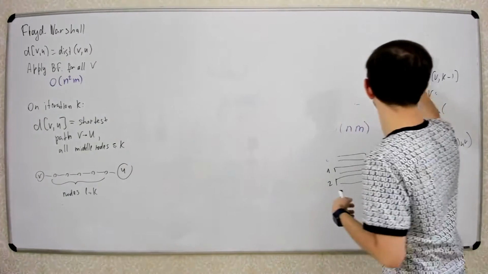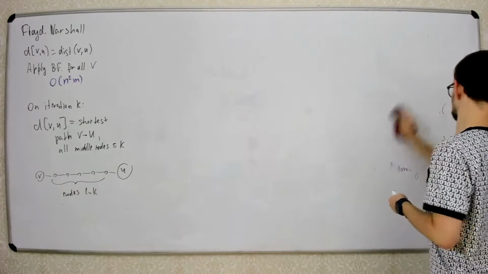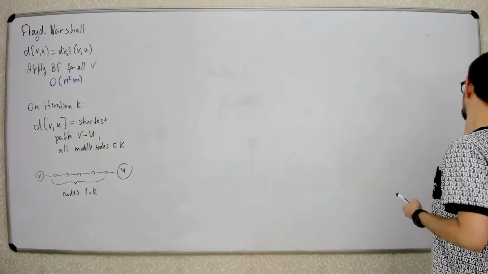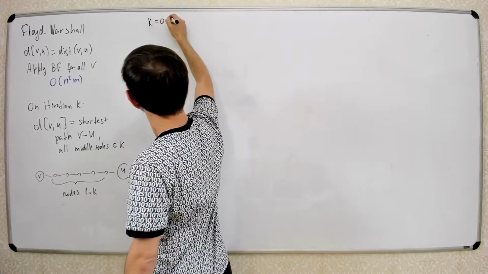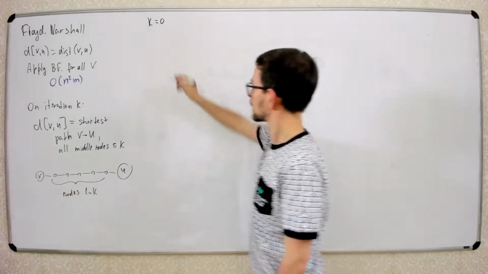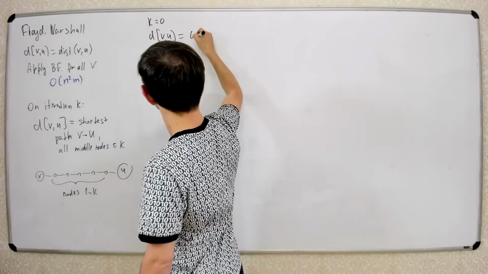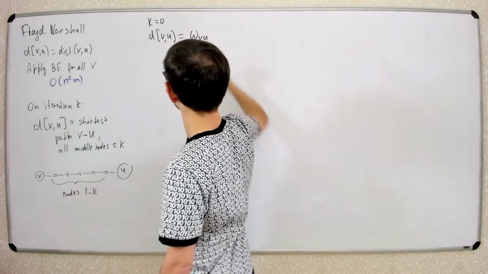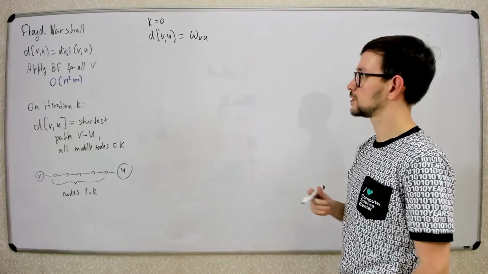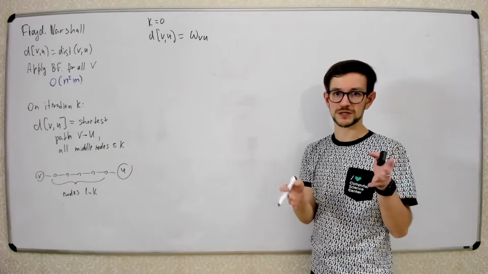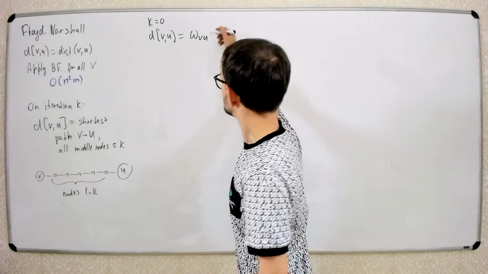So if k equals 0, then the distance from V to U will be just the weight of the edge from V to U. This is the only path from V to U which doesn't contain any middle nodes. If there is no edge, it's plus infinity.